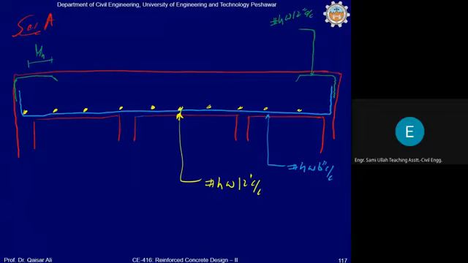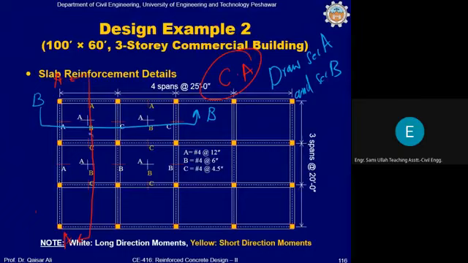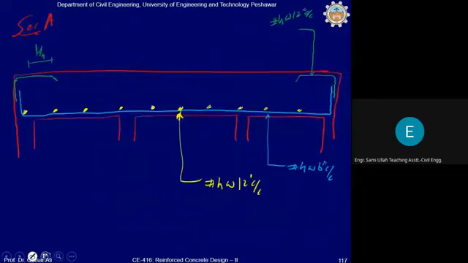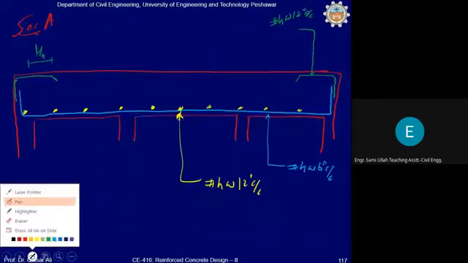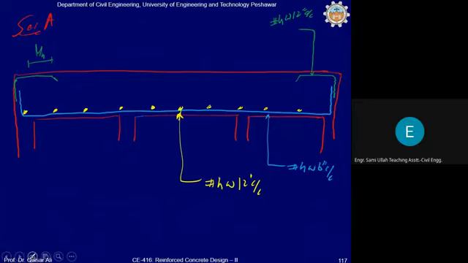Now coming to the top reinforcement at the interior support, which is C, it is number 4 at 4.5, and it will be curtailed at L by 3.